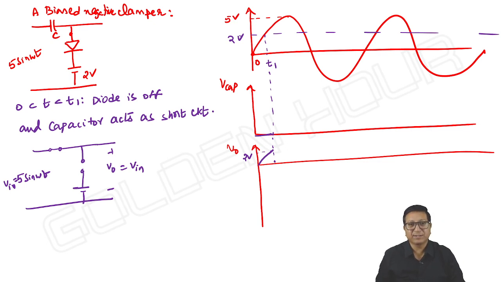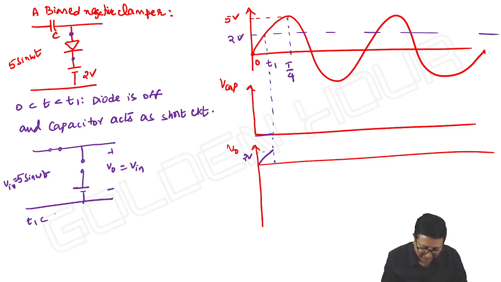At t equal to t1, the input is just exceeding 2 volts, meaning the anode voltage is greater than the cathode voltage. Immediately the diode starts conducting. It is T by 4, I can take. So from t1 to T by 4, the input is greater than 2 volts, so the diode immediately conducts.